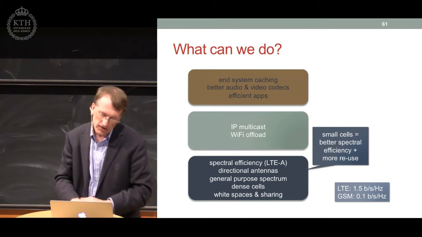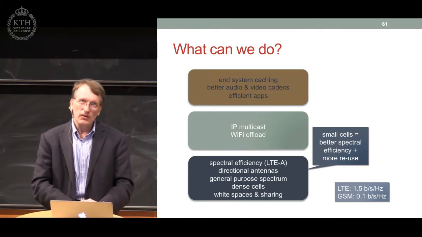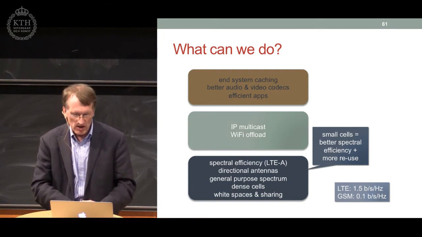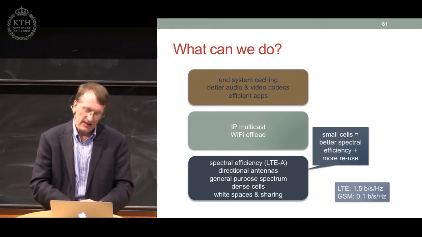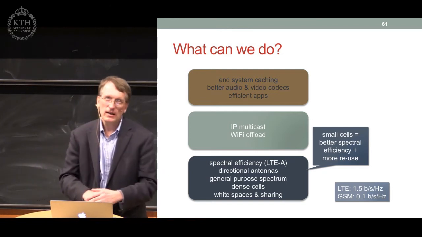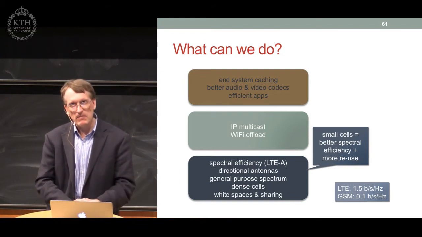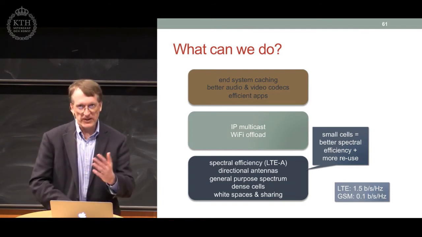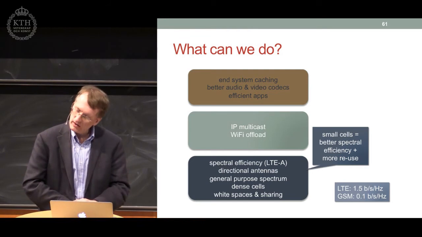Multi-user MIMO, for those of you who are working in that area, is really that model, or steerable array antennas, particularly at higher radio frequencies. We'll see that happening. That's probably the single most effective means of increasing spectral efficiency. Again, that's going to be much more interesting for devices that have predictable movement, such as cars and trains and so on, much harder for others.